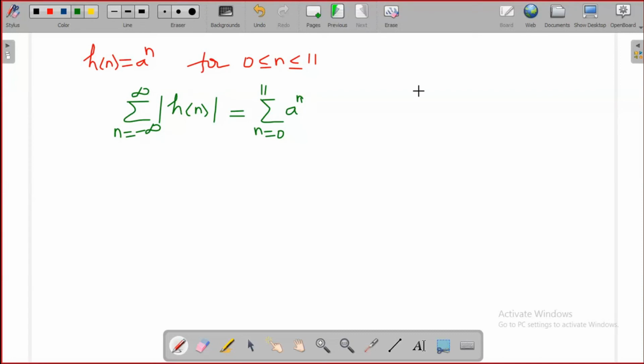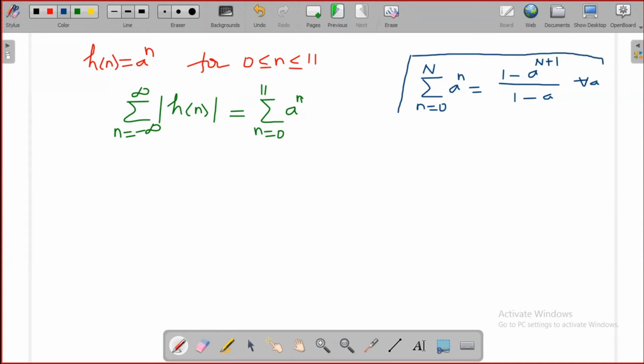I gave one of the summation results in the last class: from 0 to capital N, a power n is 1 minus a power N plus 1 divided by 1 minus a. This is for all values of a.